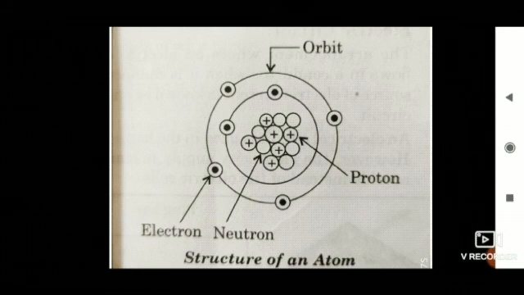As electrons are important, in the same way positively and negatively charged particles are also present inside the atom. Electrons are negatively charged, protons are positively charged, and neutrons are neutral. So these three elements are present in the atom. The positively charged particles called protons are heavy and remain fixed in their position.